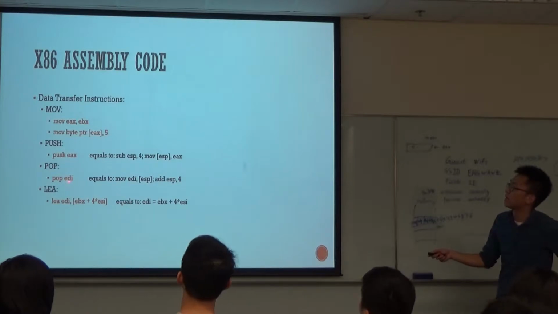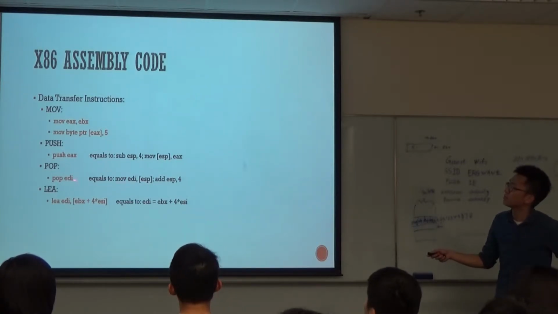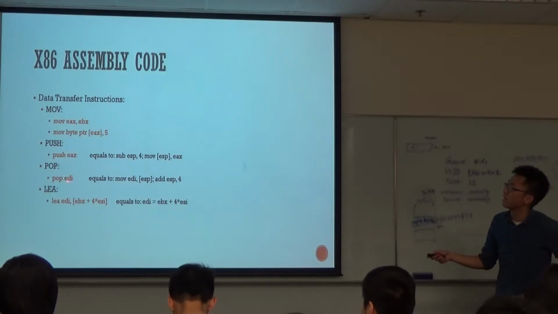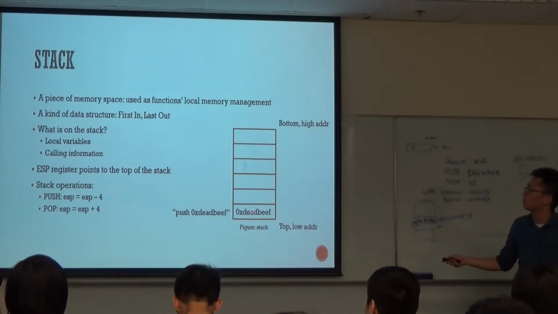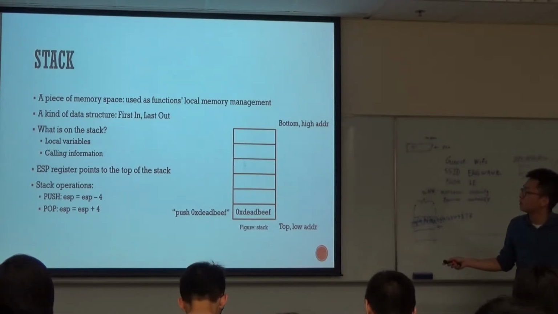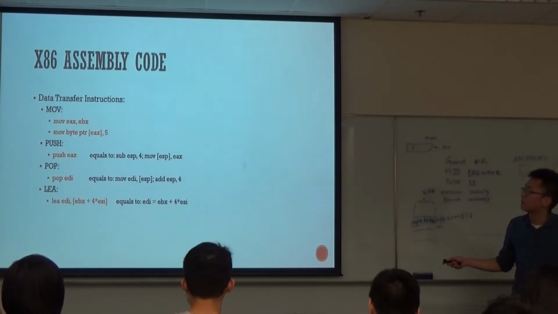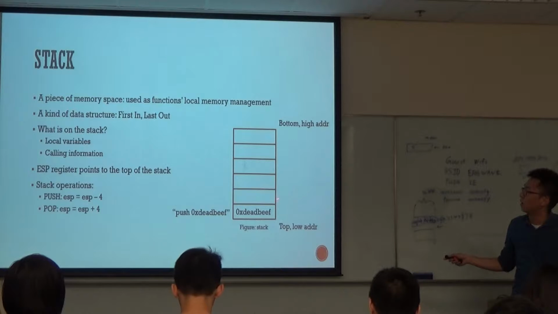And pop EDI means we first move the top of the stack to EDI register. For example, for this stack, if we execute pop EDI, then this value will be stored in EDI, and the stack will decrease for 4. Right? The stack pointer points to here. Is it clear?